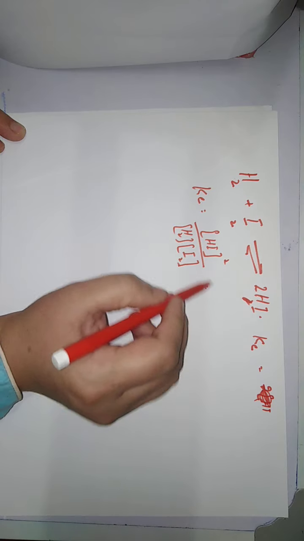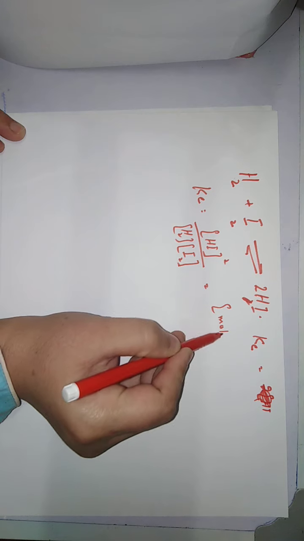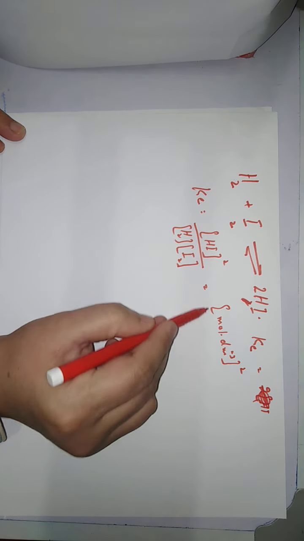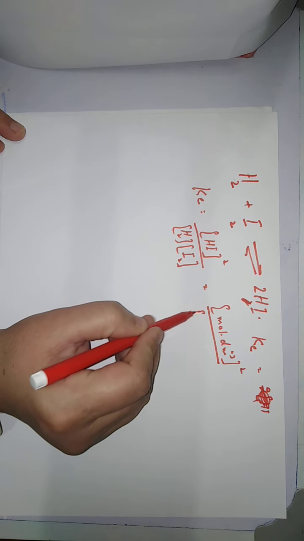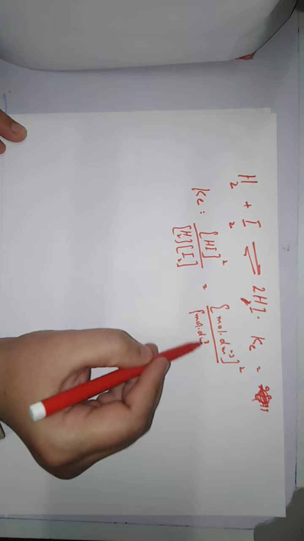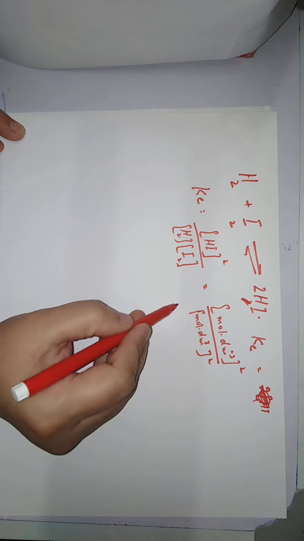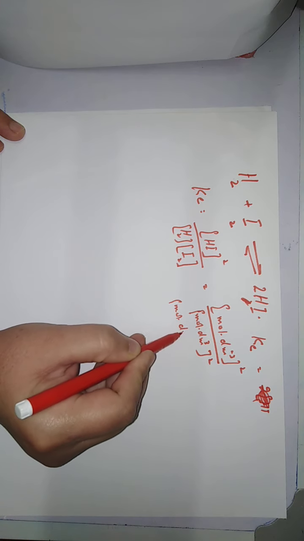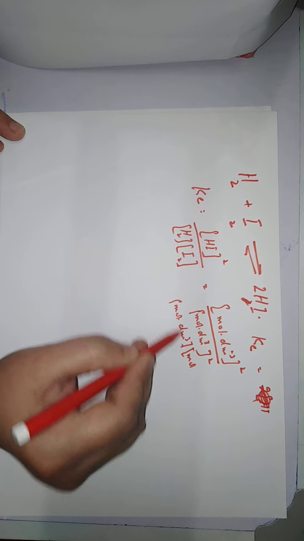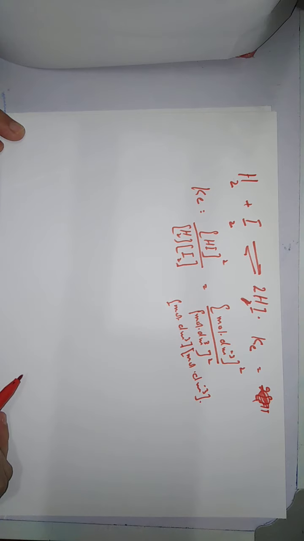Now, in terms of molar concentration, it is mole per decimeter cube squared over mole per decimeter cube and mole per decimeter cube.